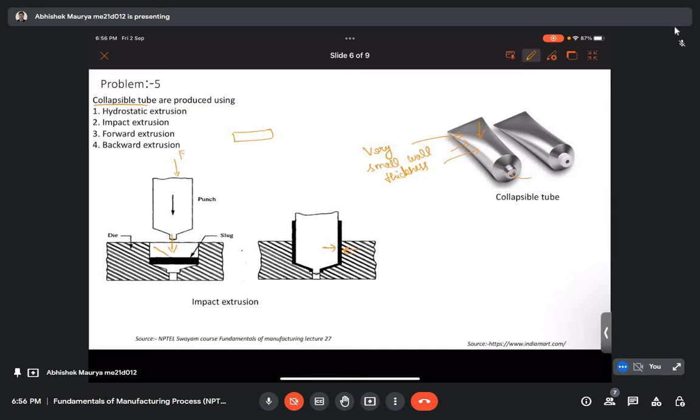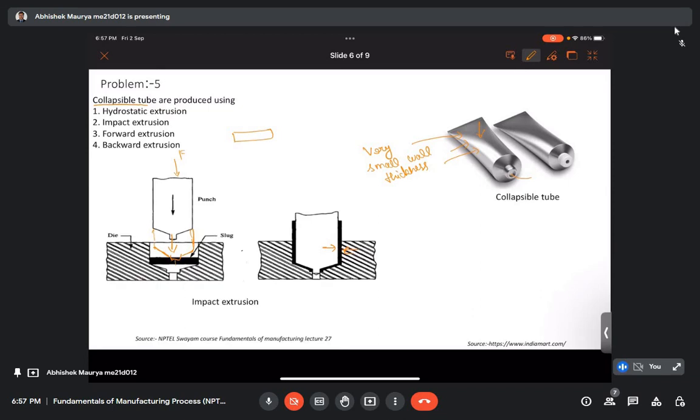So it will come here, it will try to make the material deform. Then what will happen when it applies the compressive force on this material? Then material will flow in those directions wherever it will find the gap.